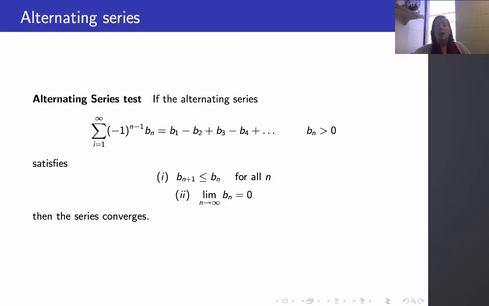And in fact, I can conclude this if bn plus 1 is less than or equal to bn for all n bigger than or equal to some fixed number.